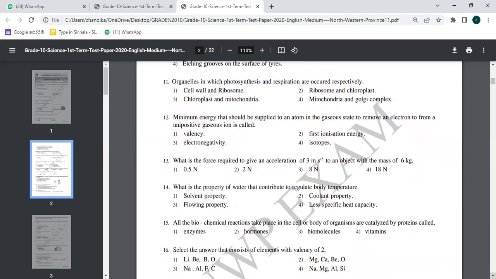Question number 11. Organelles in which photosynthesis and respiration are occurred respectively. Do you know in the English language, normally we don't use that? It is something like unethical and grammatically incorrect.